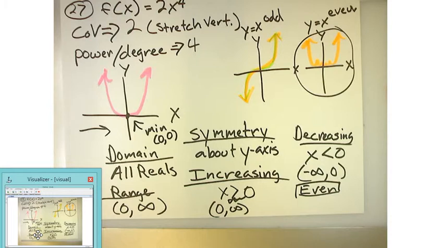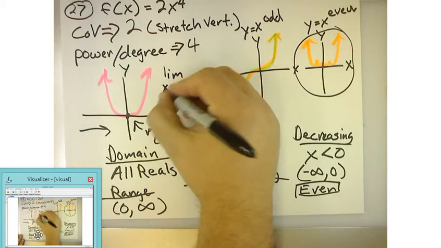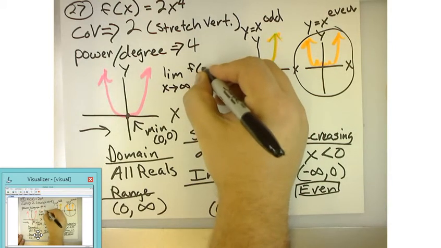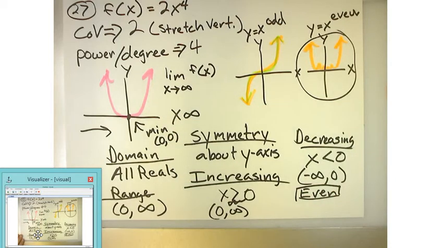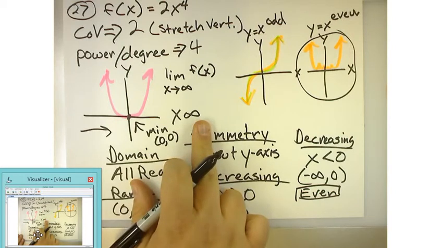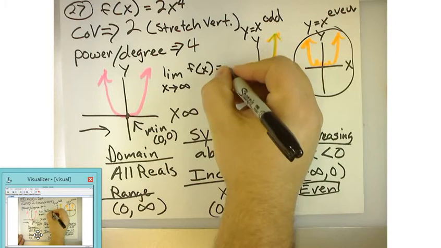What about the end behavior? What does this look like it's approaching as I go towards infinity on my x-axis? What does my y value approach? Infinity.